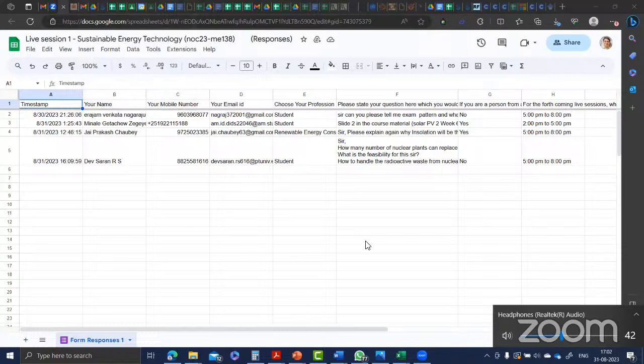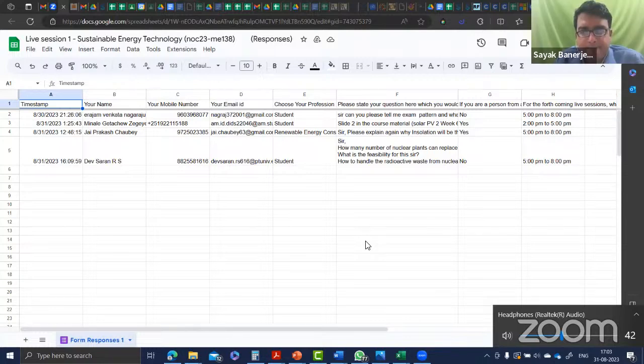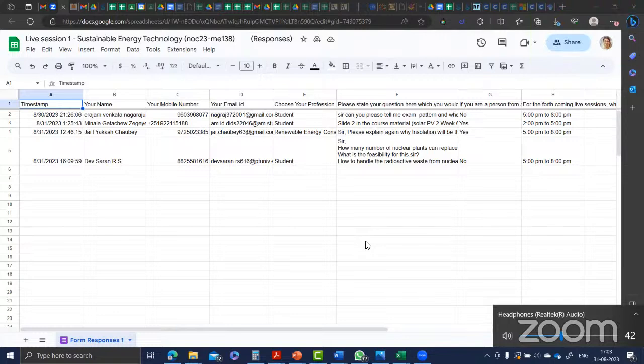And one more question from my side, in the true or false you asked about the dish type mirror. We made a mistake in that because there is no dish type mirror, there is a dish type system. So we got confused between the dish type mirror and the parabolic mirror.